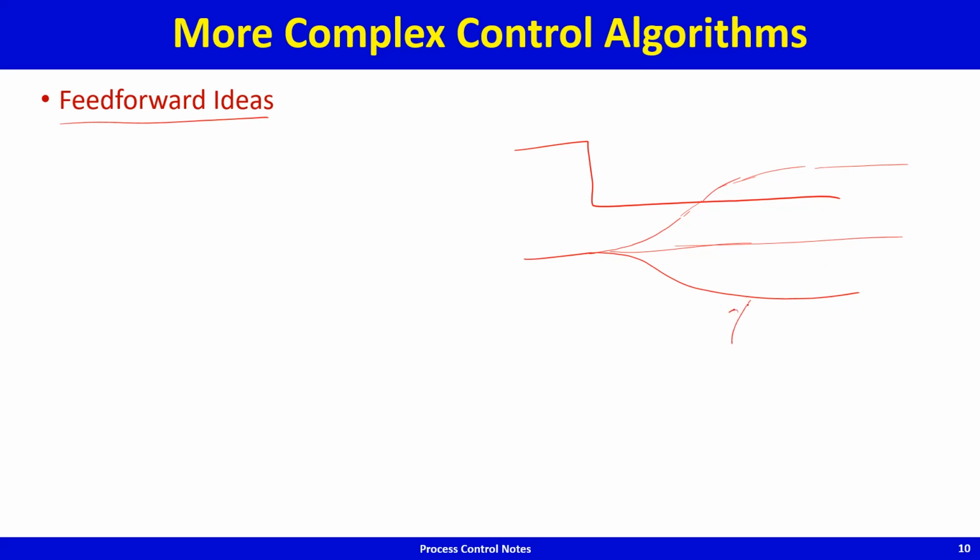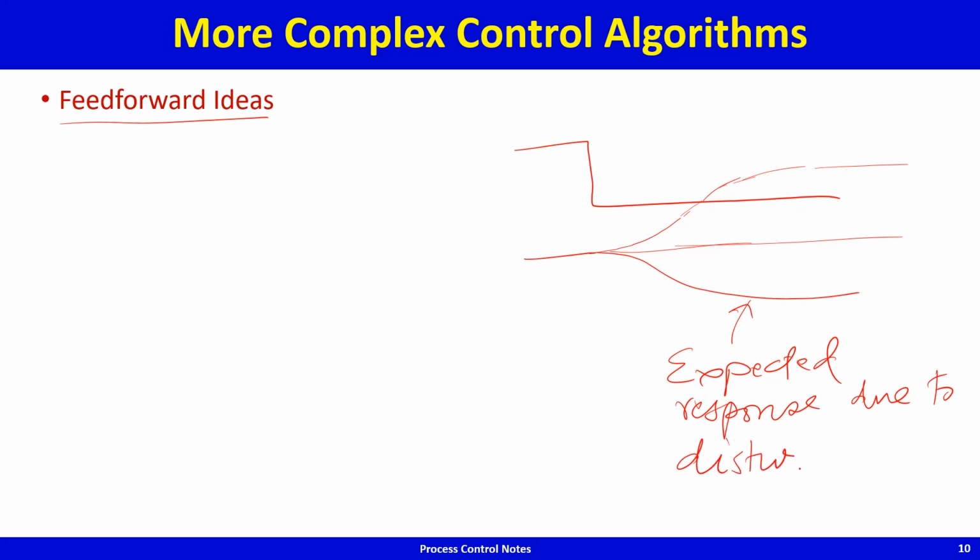So this is the expected response due to the disturbance, and this is the disturbance. So the expected change in temperature due to the disturbance.